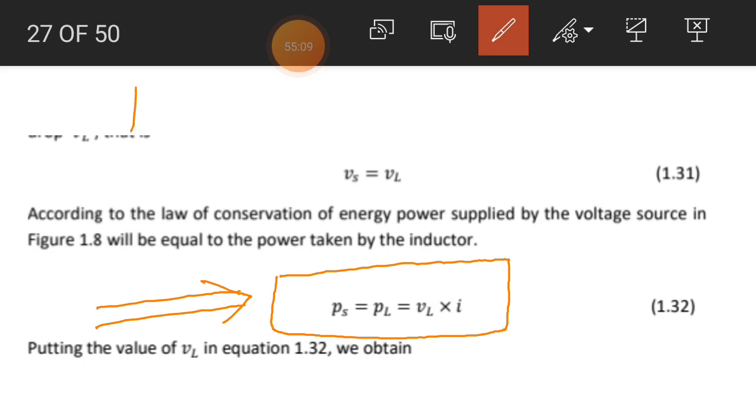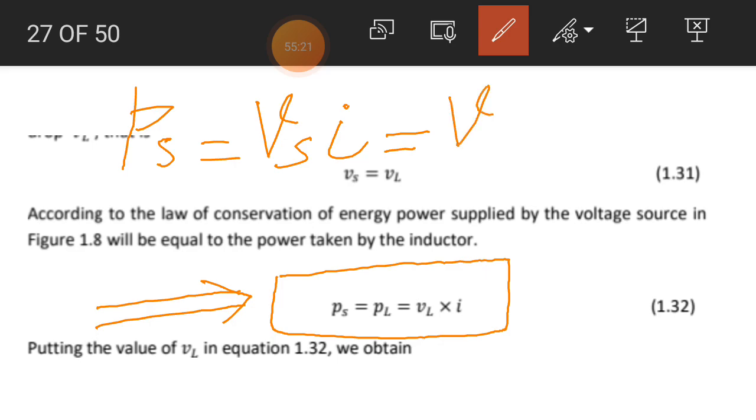We know that the power supplied by the voltage source will be equal to the voltage across the source multiplied by the current in the source, and in this particular case Vs is equal to VL.